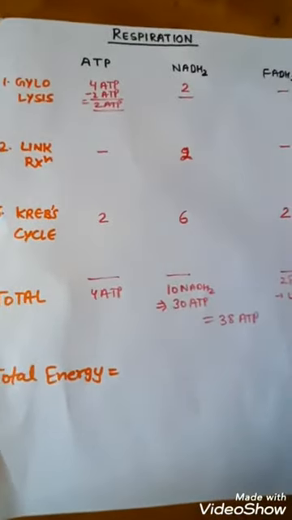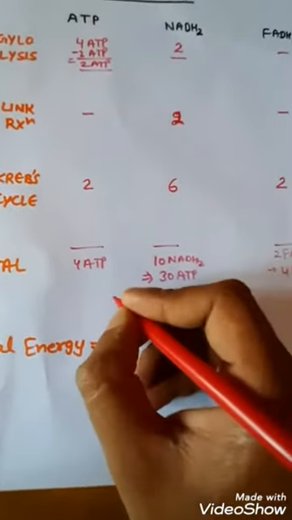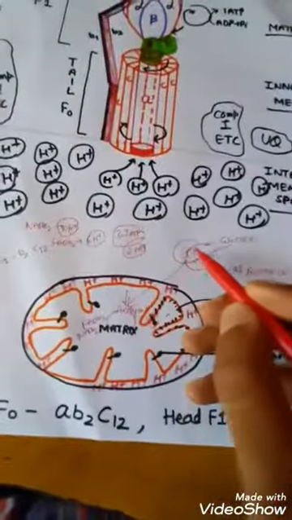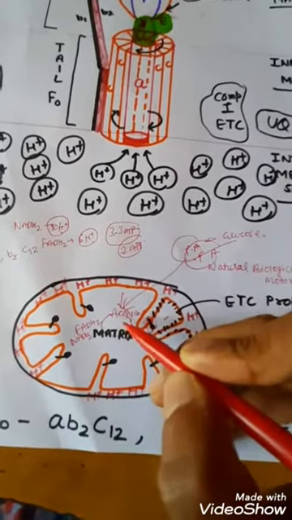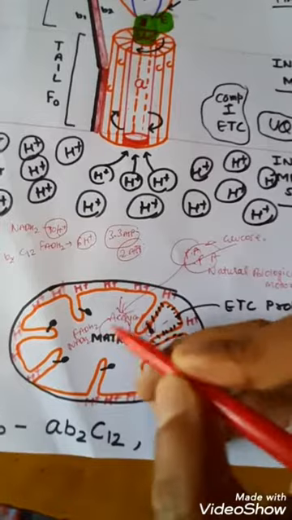But as I told you earlier, the pyruvic acid produced after glycolysis was produced inside the cytoplasm of the cell. But this pyruvic acid moves to the matrix of the mitochondria, where it gets decarboxylated, that is the link reaction, and undergoes the Krebs cycle.